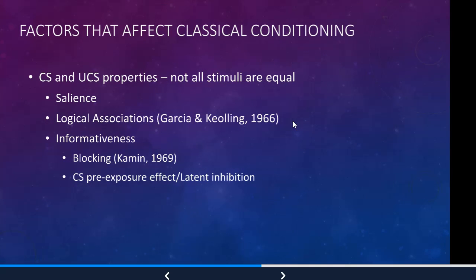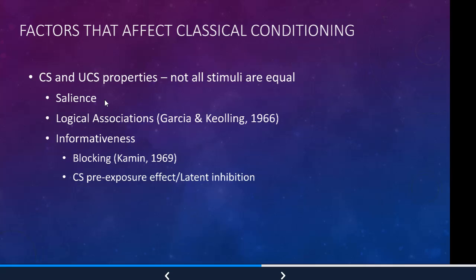Now, all CS and UCS stimuli are not created equal. This is probably something you did not get when you talked about classical conditioning in your Psych 101 textbook. A lot of people don't realize this, but you can't just easily associate any kind of stimuli. One of the things that's really important is stimulus salience. And what I mean by this is how noticeable stimuli are. So the more noticeable a conditioned stimulus is, and the more noticeable an unconditioned stimulus is, the faster the learning you will have, right?